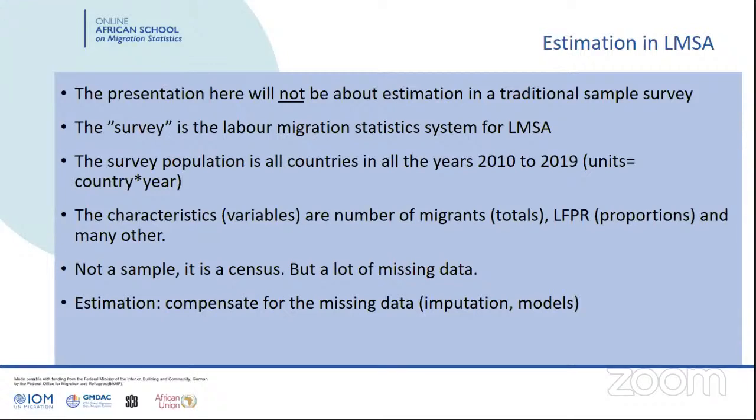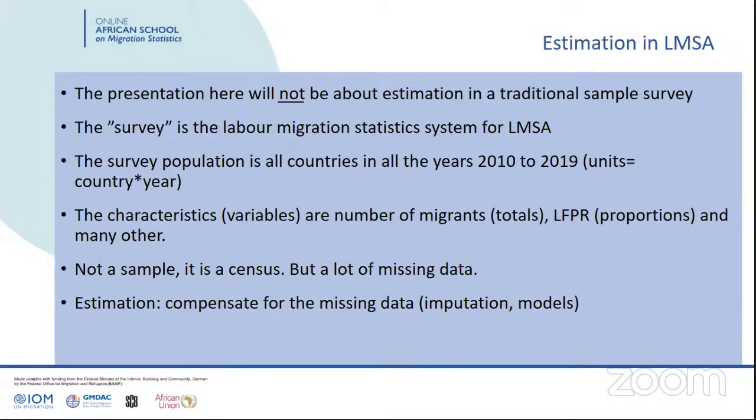So our sampling units are country by year. And the characteristics, the variables we are measuring for all units, are number of migrants, for example, totals, the labor force participation rate, those are proportions, and we have many other variables we are measuring or trying to measure.